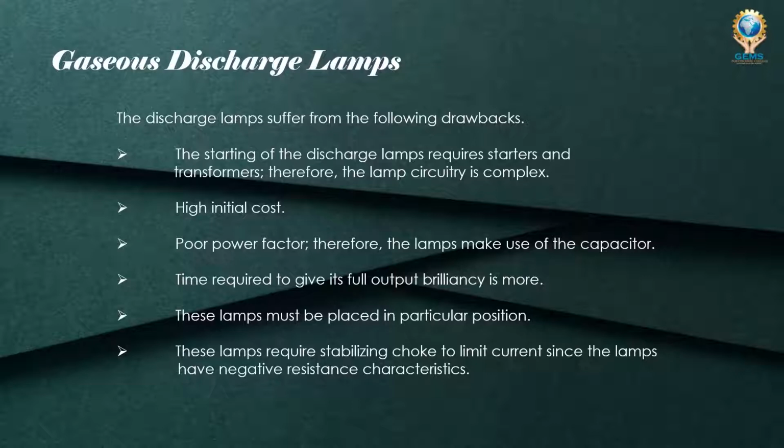Then there is poor power factor, so we need to use a capacitor. The time required to give its full output brilliance is more. For getting the full output, we need some time.